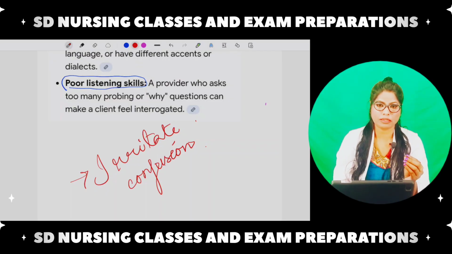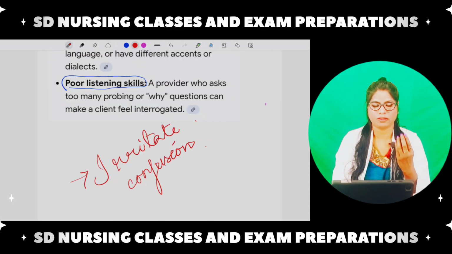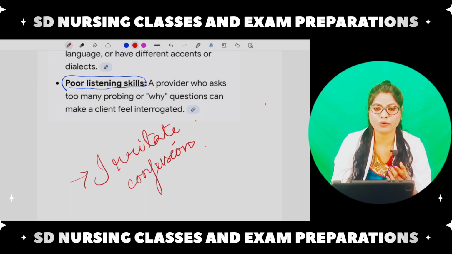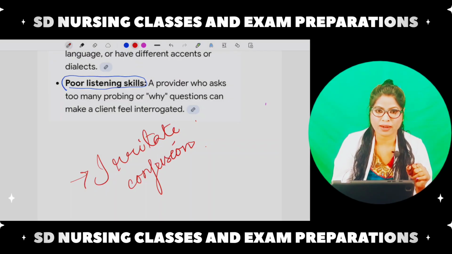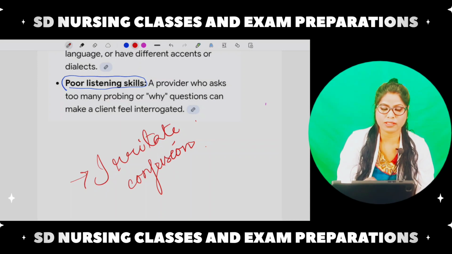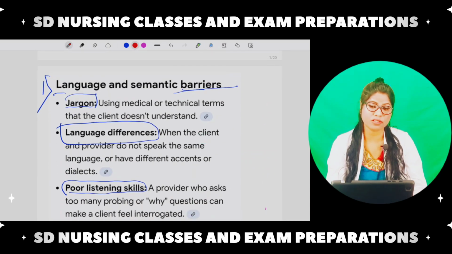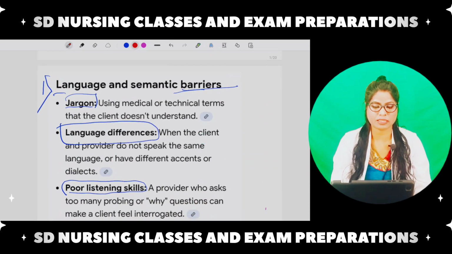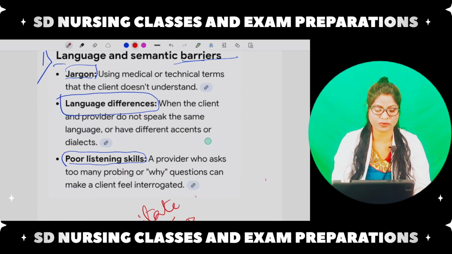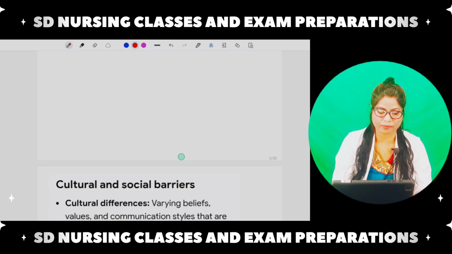So the communication will not be effective, that will be a barrier. That's why we should not behave in that way to the patient, asking questions again and again and making him irritated. So this is poor listening skill. This is the first barrier, language and semantic, that is 3 types: jargon, language differences and poor listening skill.